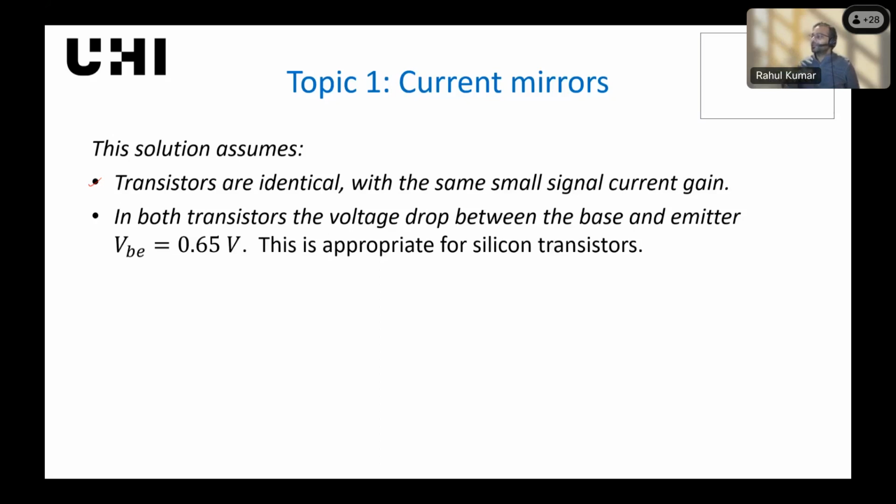They will have slightly different current gains. But for calculation, we assume the two transistors to have the same current gain. And the voltage drop across base emitter, we have assumed the value to be 0.65 volts.